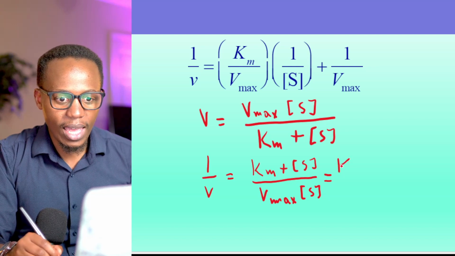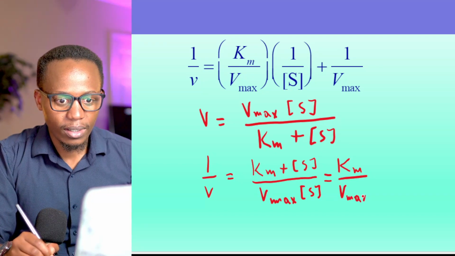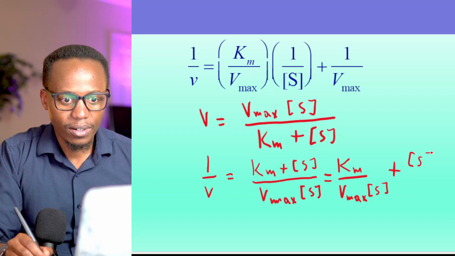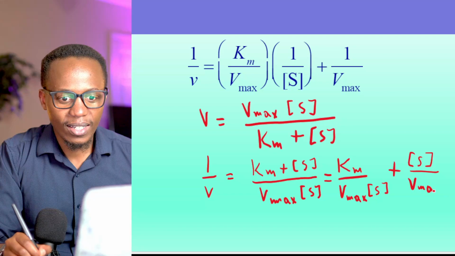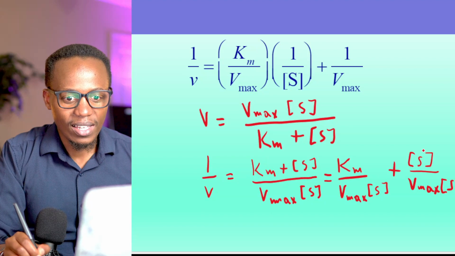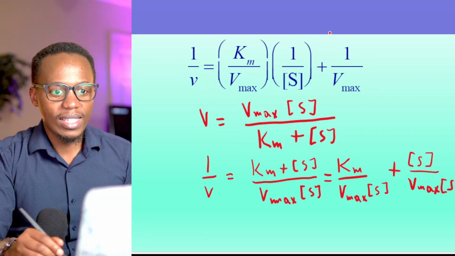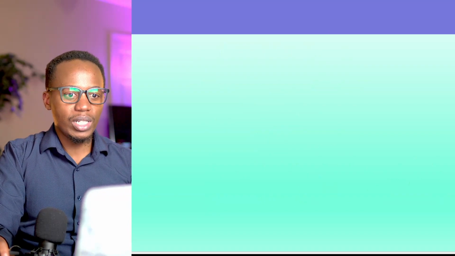So it's Km over Vmax S plus S over Vmax S. And look at this, because the S's are going to cancel, that gives us this equation on top right here. And that is called the Lineweaver-Burk equation.